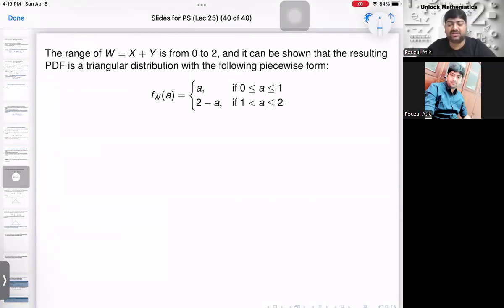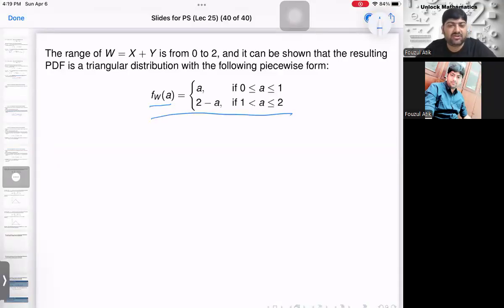I'm just showing you that if X and Y are independent uniform random variables, then X plus Y is not uniform. Why? If you calculate it, the range of W equal to X plus Y is from 0 to 2. And its density function is given by this function.